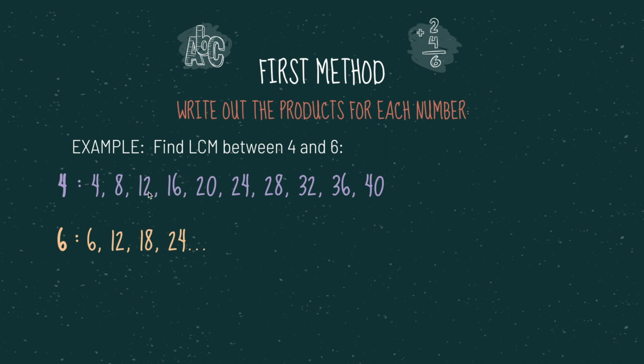So we can circle 12 and 24. But lowest common multiple is looking for the lowest or smallest number that is common between two numbers. And in this case, it would be 12, not 24, because that's larger than 12. So the lowest common multiple, or the LCM, is 12.